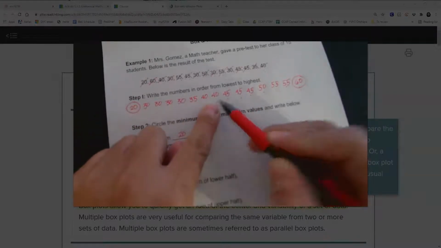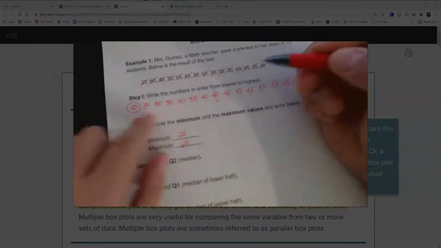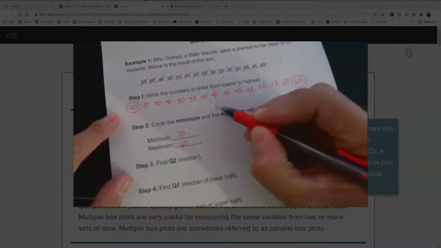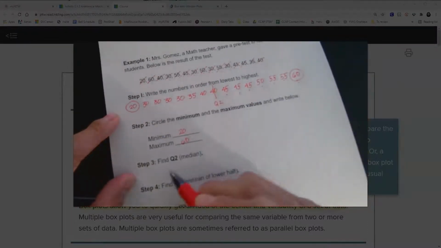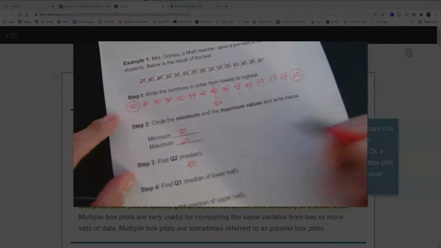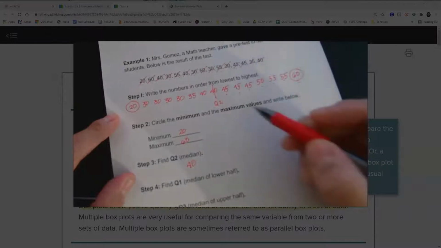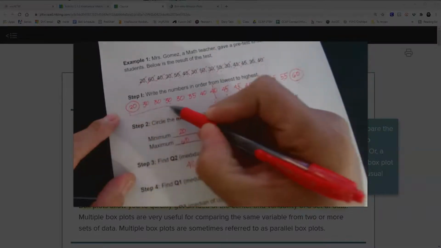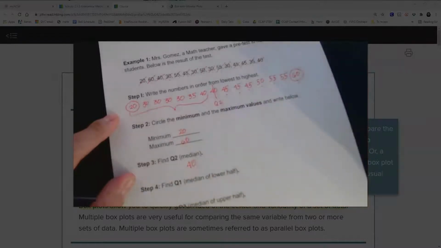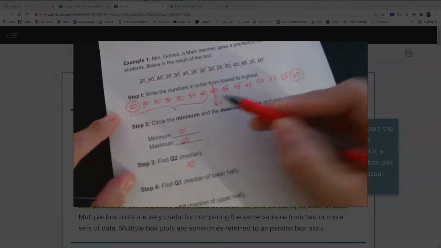And then as you can see, there's a middle number right here. So that middle number is my Q2. So let's write down Q2. Q2 is 40.